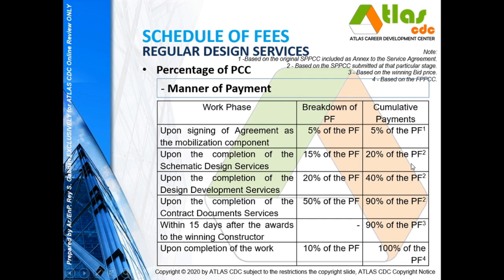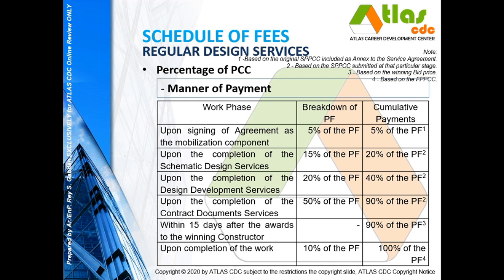And upon completing now the design development services, the cumulative payments must be a total of 40% of the professional fee. Again, there's a possibility that the construction cost estimated would change. So again, you base your computation of your PF on the new statement of probable project construction cost, or the estimated construction cost.